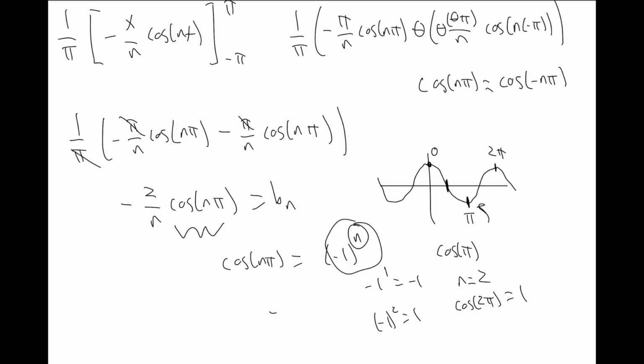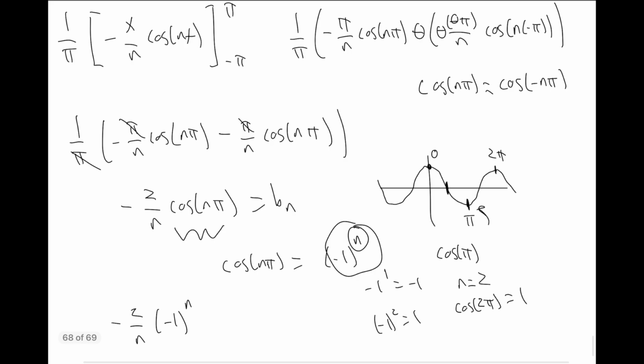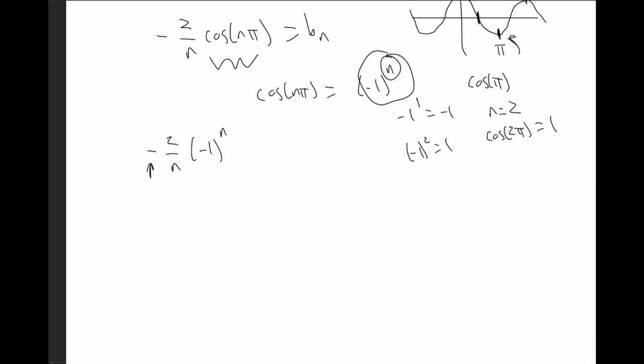So we have essentially negative 2 over n times negative 1 raised to the n. And now this negative sign out front, we can represent as negative 1. So we have negative 1 times 2 over n times negative 1 to the n. Since these are the same bases, we can add the exponents.